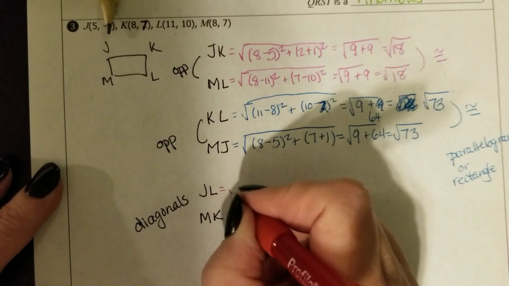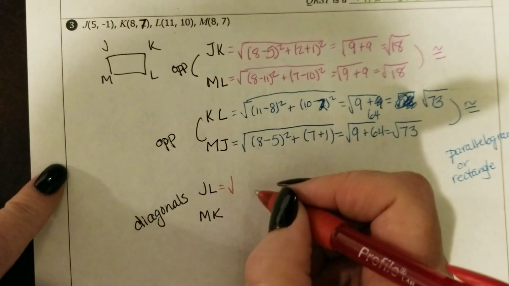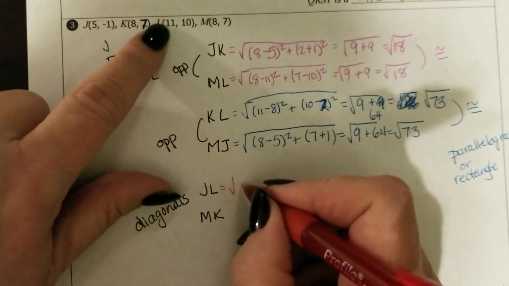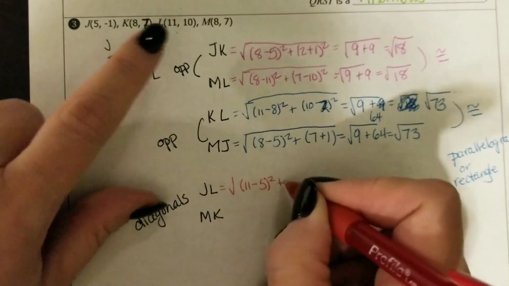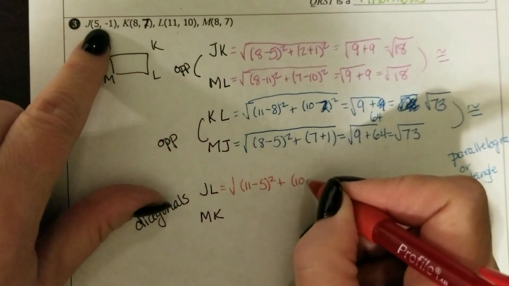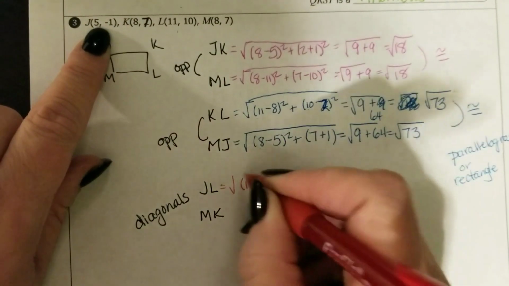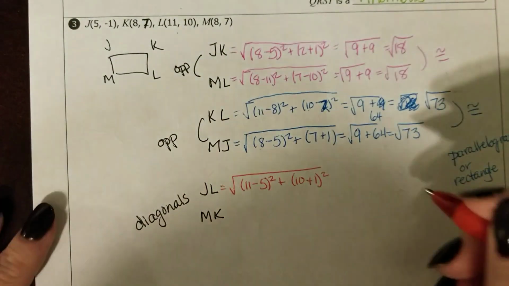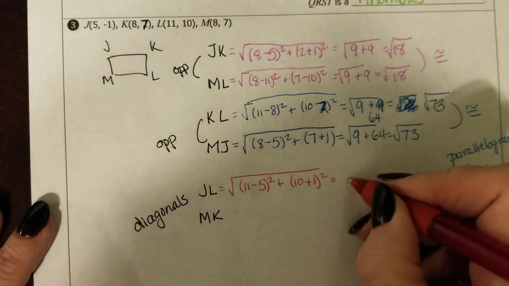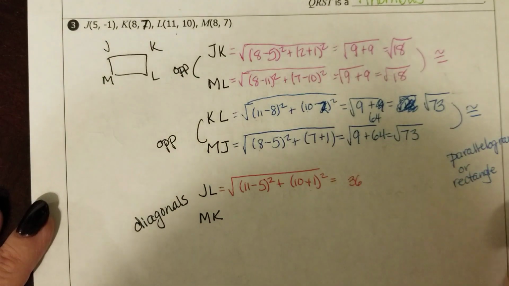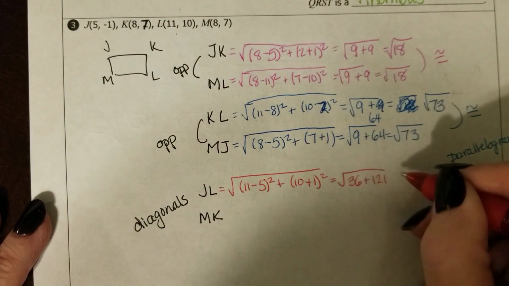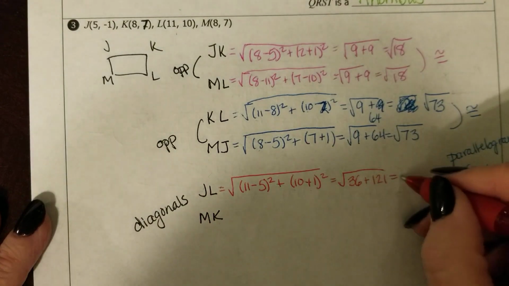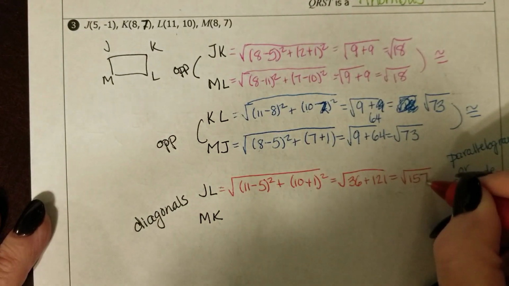JL is going to be the square root of 11 minus 5 squared plus 10 minus negative 1 squared. So 11 minus 5 is 6, and 6 squared is 36. 10 plus 1 is 11. 11 squared is 121. Then you add those and you get the square root of 157.